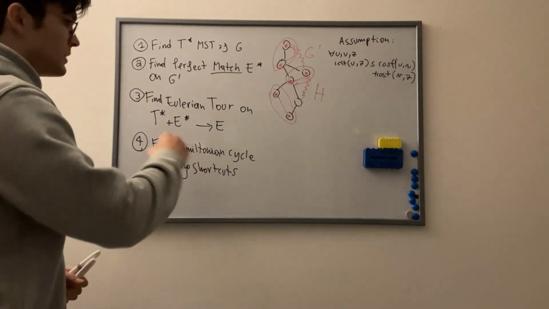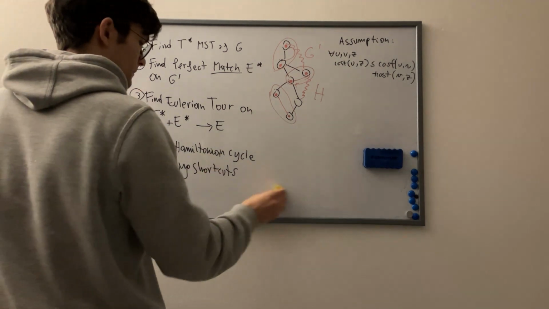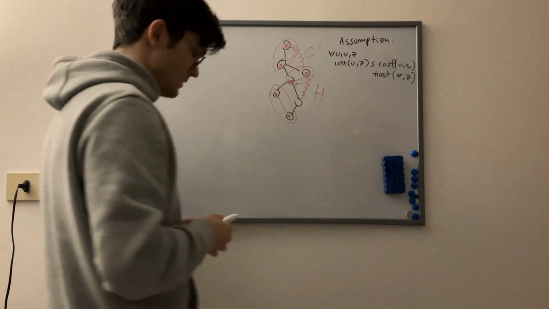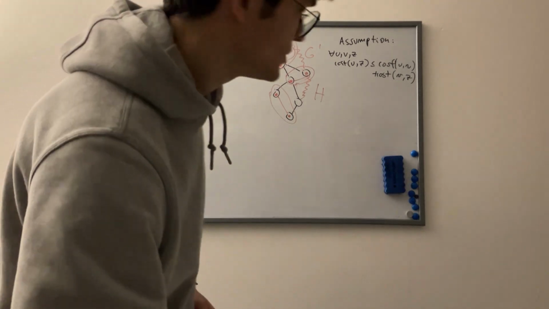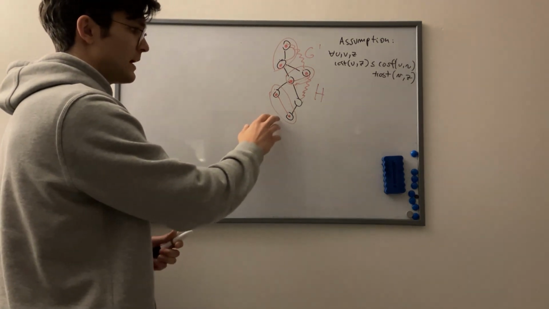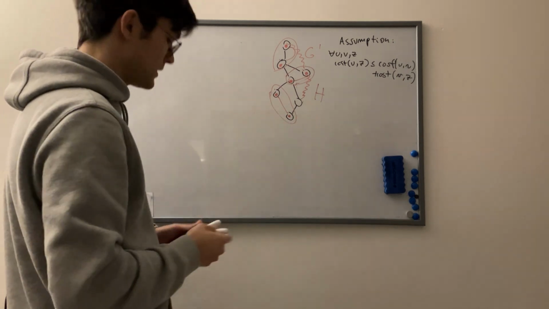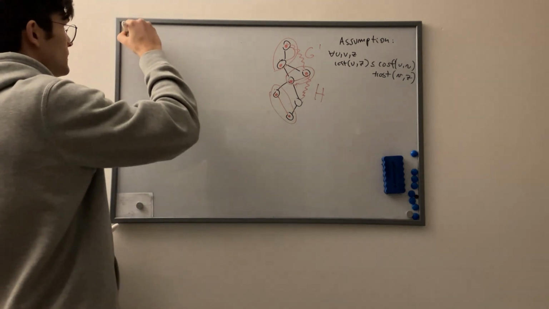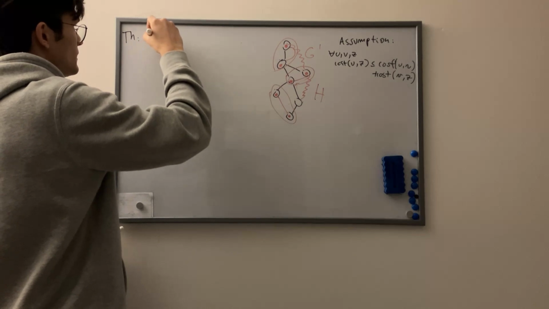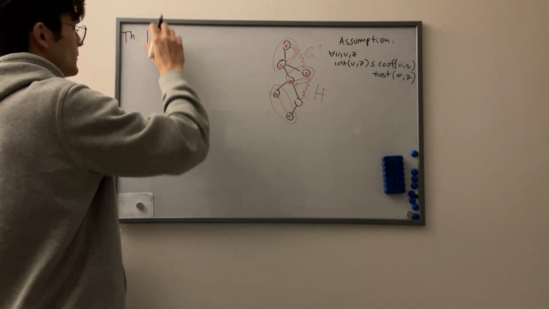So I'm going to erase this part here. Maybe leave the drawing. So let's start with the first proof, which is proving that the number of nodes with an odd degree is always an even number. So the theorem says: the cardinality of S, where S is the set of nodes V in T star such that the degree of V is an odd number.